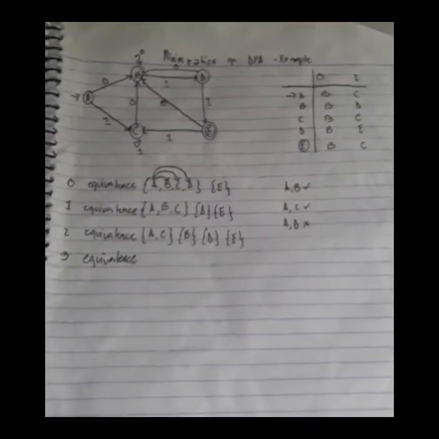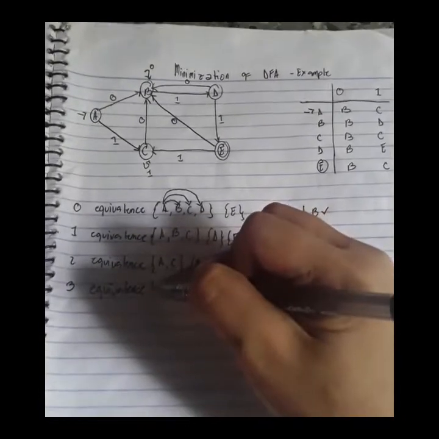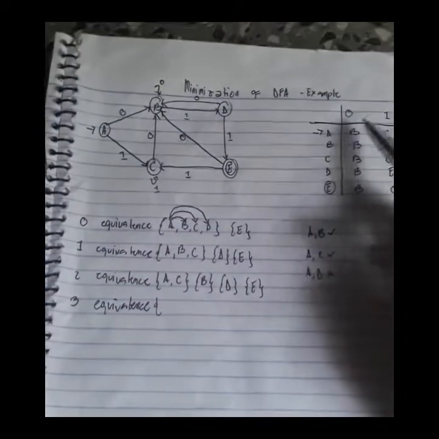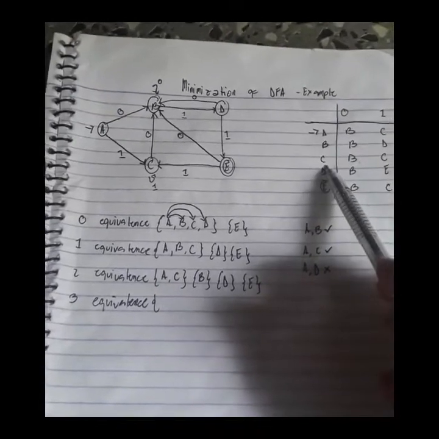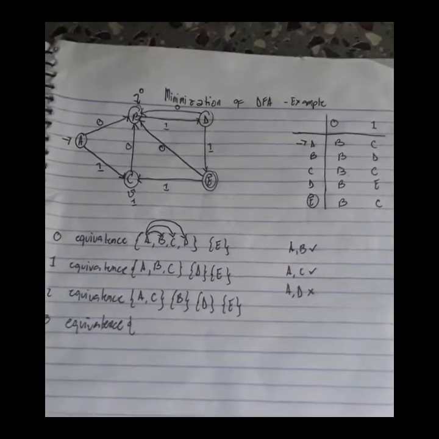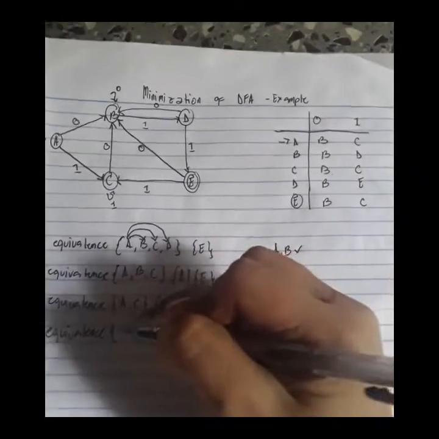So in order to get the third equivalence, I have to write only for A and C. A and C getting input 0, it goes to B, and input 1, A and C also goes to C. So again we get the same status, so they are 3 equivalent to each other, so we need to write A and C in one set.